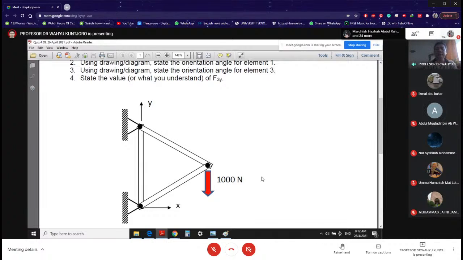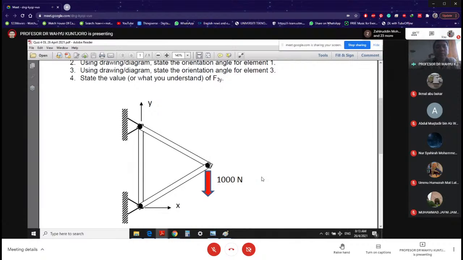Okay, so that is your structure, a two-dimensional truss structure consisting of 3 members, and you see that we have 3 joints. Supports are provided by 2 pin joint supports on the left, and the loading is 1000 Newton downward at the joint on the right.